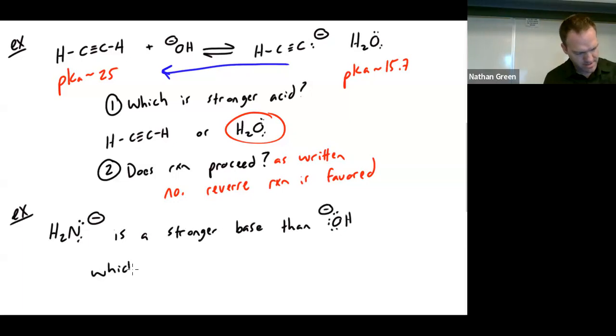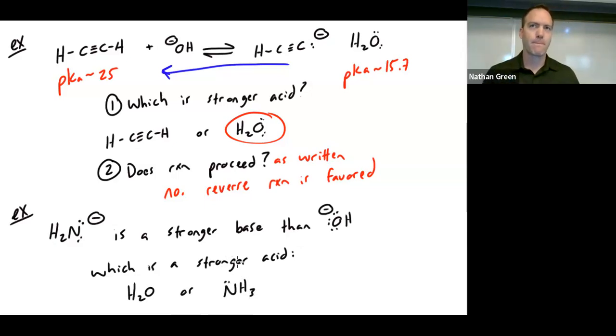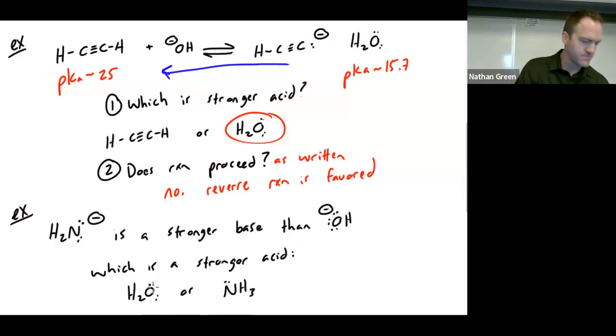Which is a stronger acid, water or ammonia? Any takers? Water. Why?